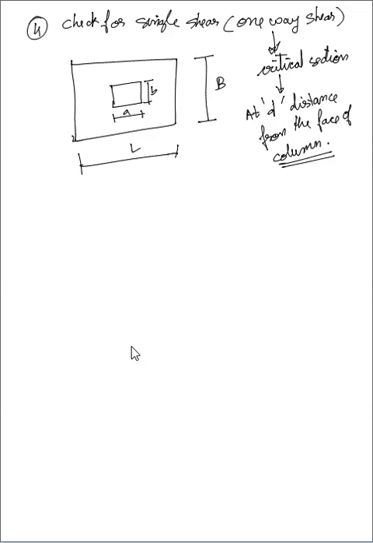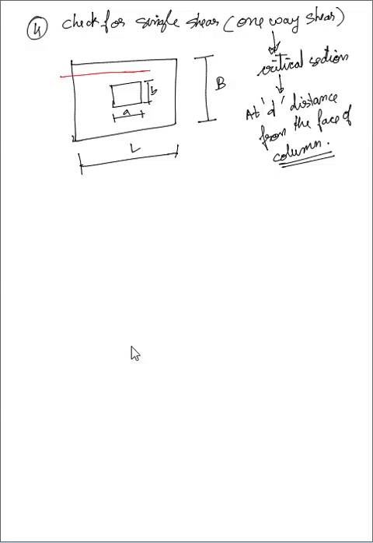Your critical section I am not taking like previously, at the face of the column for bending moment, but here from the face of the column I have to go a distance. How much distance? Small d. So my critical section will be somewhere over here.